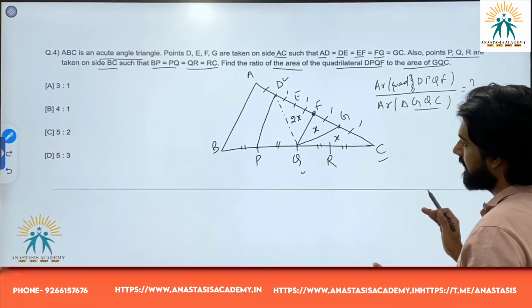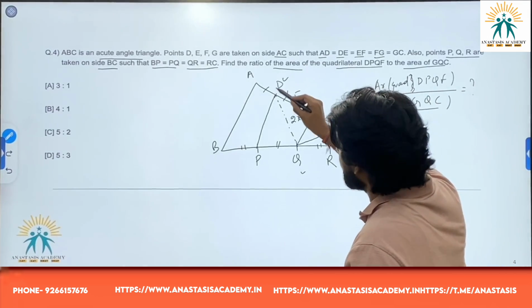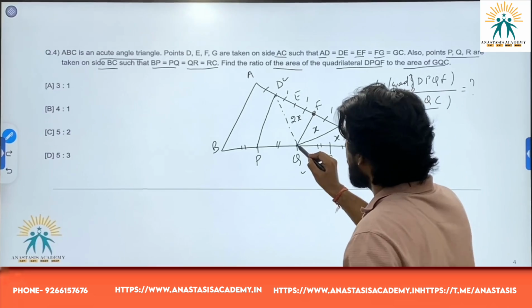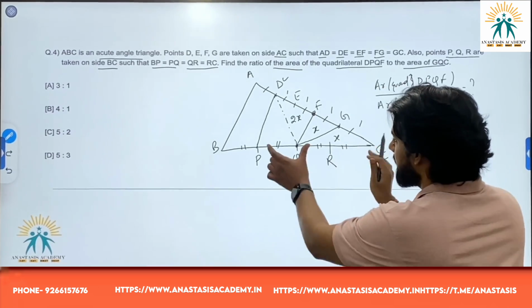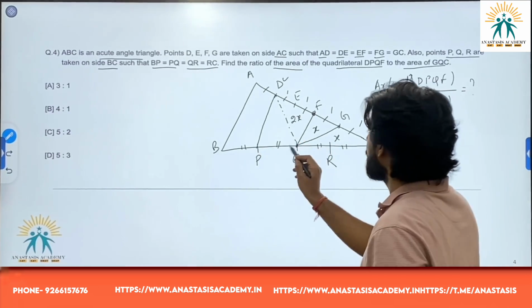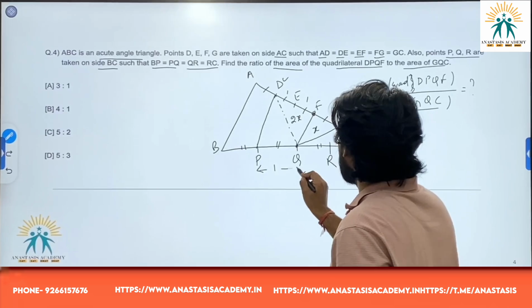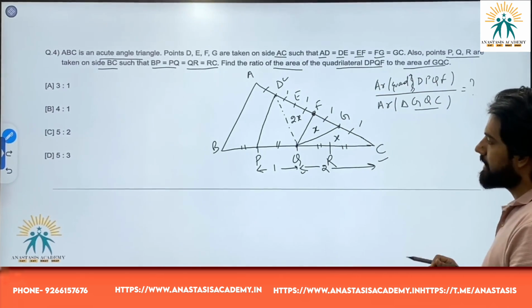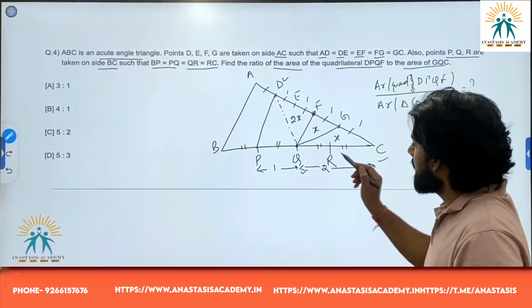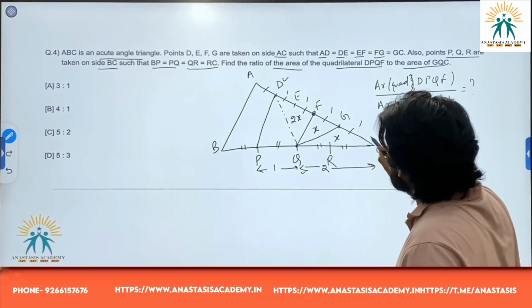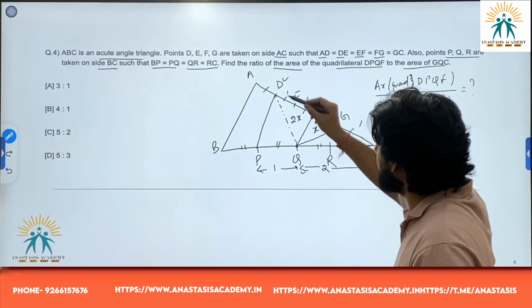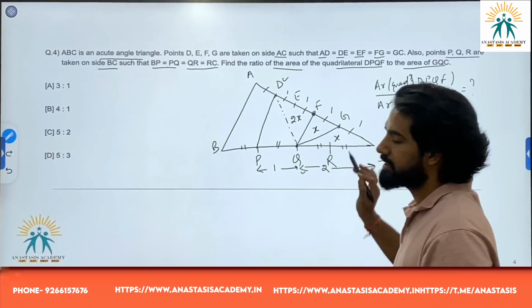Now, let's just take this bigger triangle DPC. This point Q is dividing the base in the ratio of 1 and 2. Because these two triangles, this bigger triangle DPC and this triangle DQC, are on the same base.